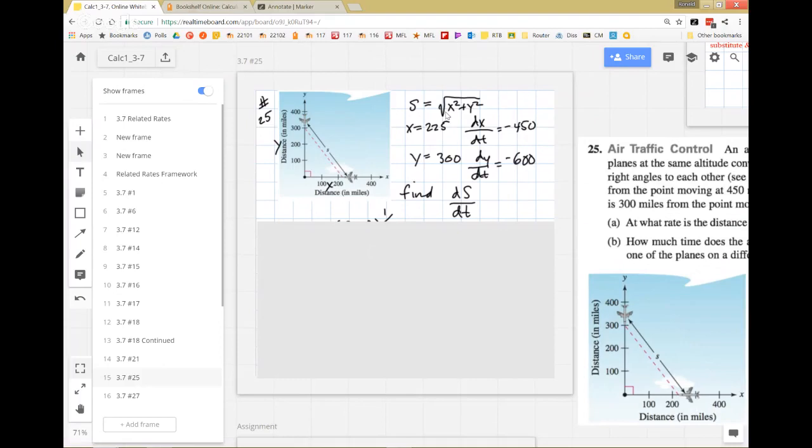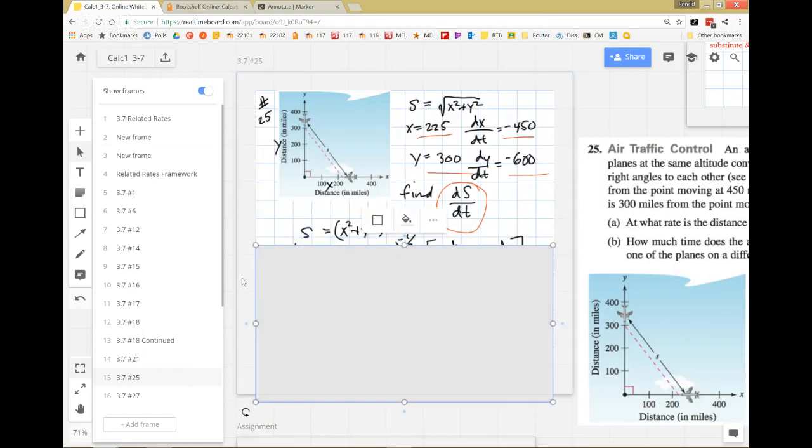S squared equals X squared plus Y squared, and then I solve for S. S equals the square root of X squared plus Y squared, which of course is (X squared plus Y squared) to the 1/2 power. And then we have all these given things. You're given this, this, this, and this. And this is what we want to find, the dS/dt. All right, off we go.